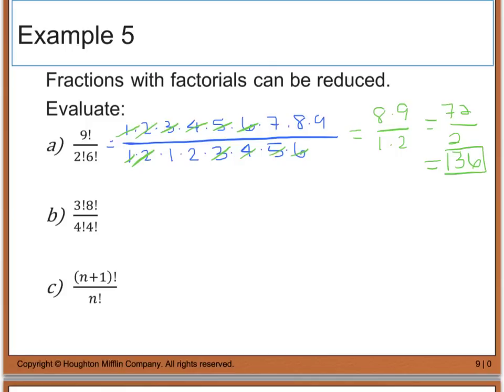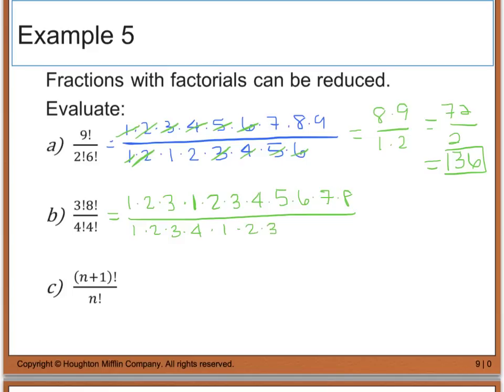I can do the same thing with part B. I'm going to go 1 times 2 times 3 times 1 times 2 times 3 times 4 times 5 times 6 times 7 times 8. And I'm going to divide that by 1 times 2 times 3 times 4 times 1 times 2 times 3 times 4.